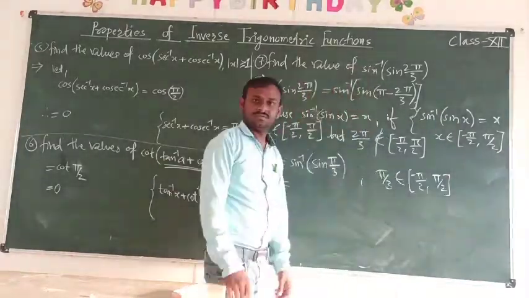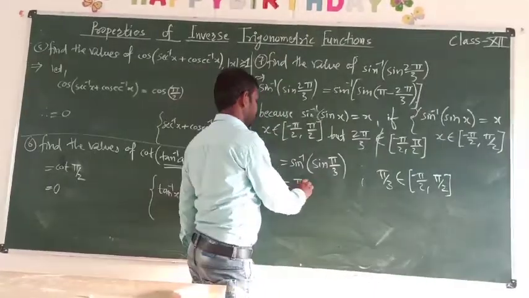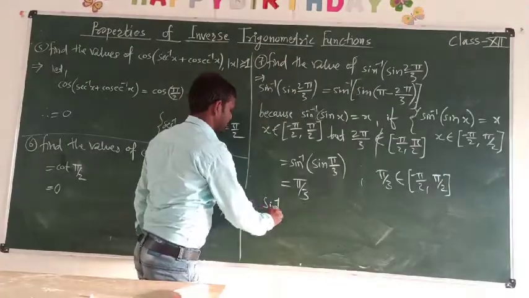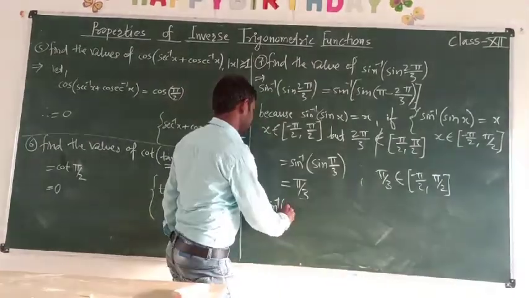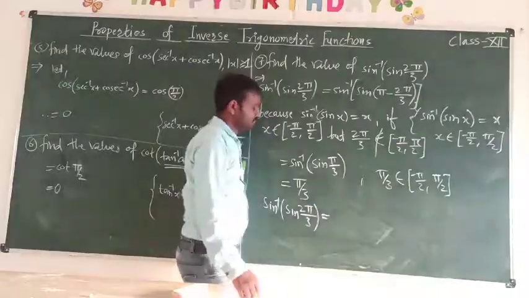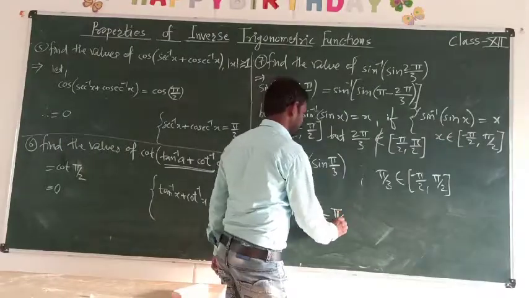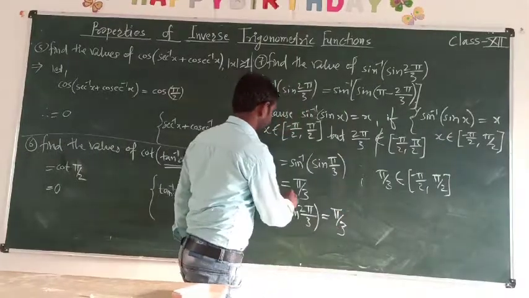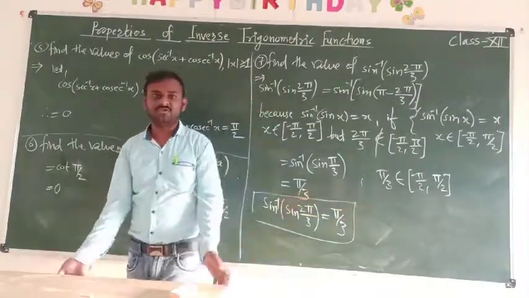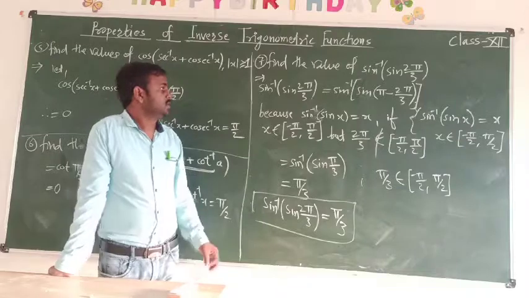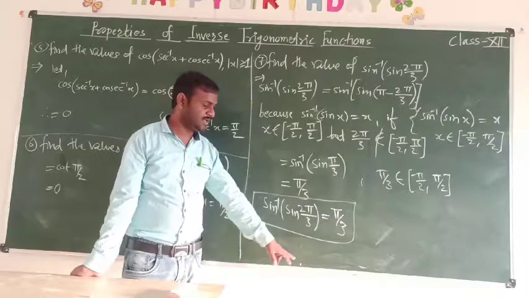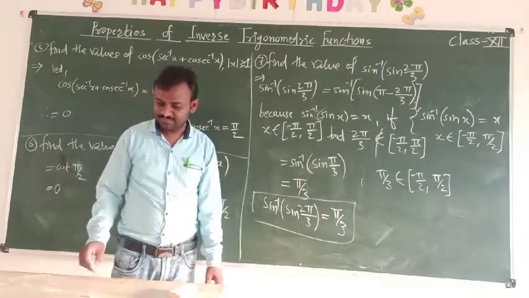So here we have to write pi by 3. Therefore the value of sine inverse of sine 2 pi by 3 is equal to pi by 3. This type of example is very very important, because in MCQ type or 1 mark questions, such examples are asked every year in the exam.